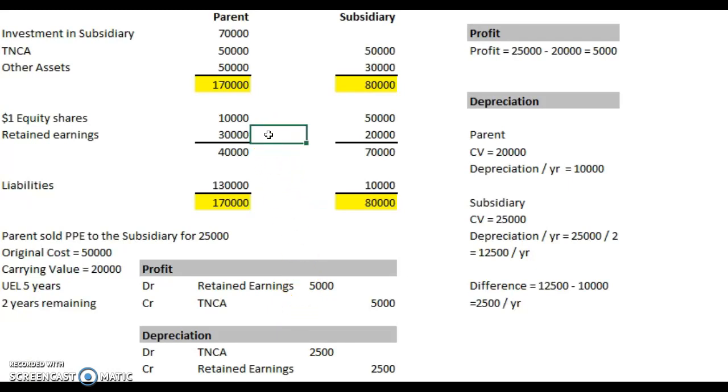So we'll make a note here, minus 5,000. And the balance on that is a credit to the TNCA, and that's going to reduce TNCA. So the balance sheet still balances. We've reduced both sides by 5,000. Oh, sorry, what am I doing? 2,500 on each one.